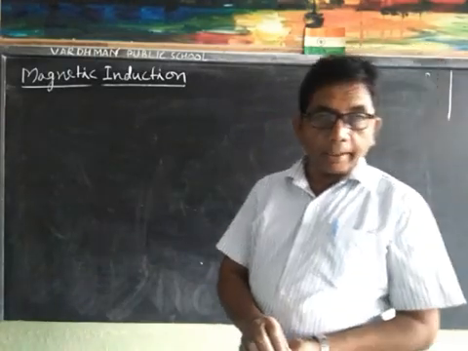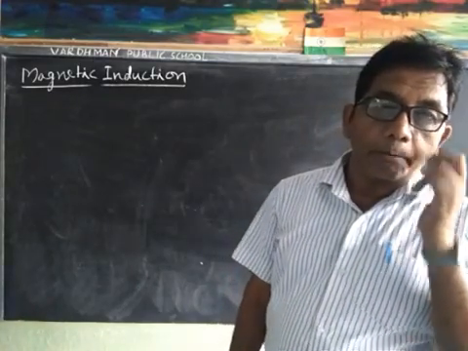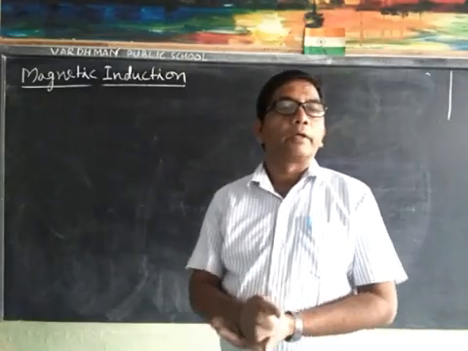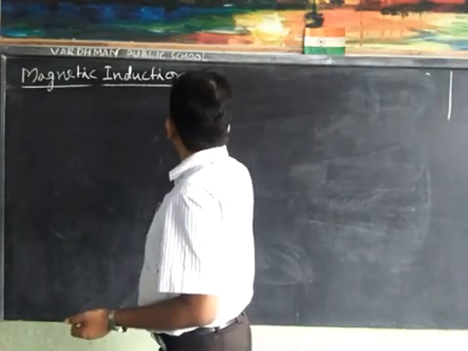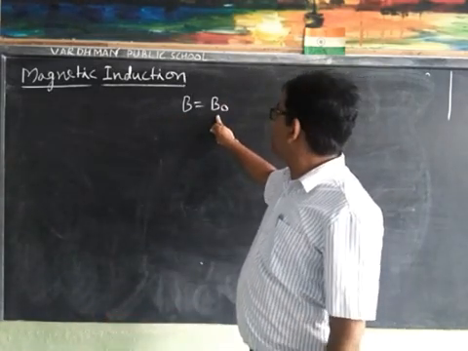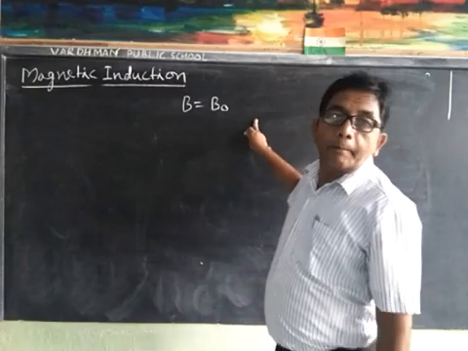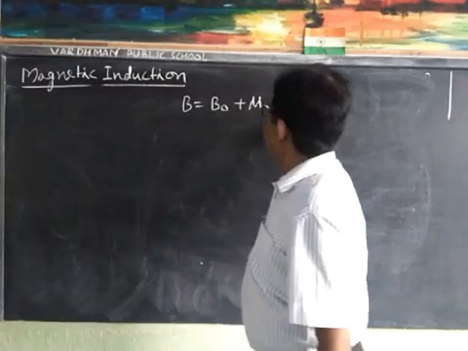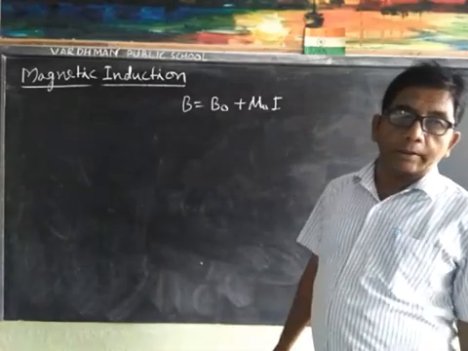It is the magnetic lines of force crossing per unit area perpendicular to the magnetic substance. It is denoted by B. Magnetic induction B is the sum of the magnetic field B0 in vacuum and the magnetic field mu0 I produced due to magnetization of the substance.